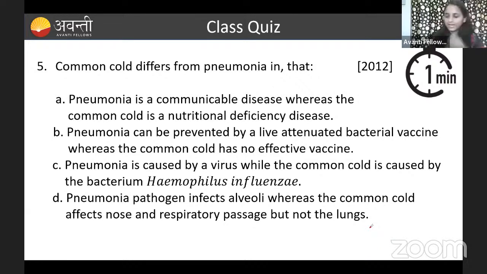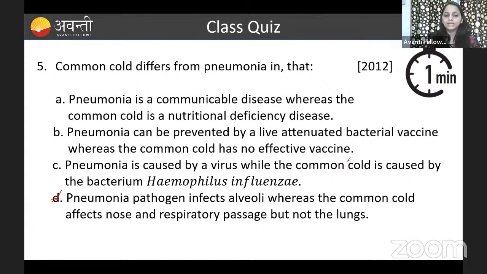Which is the correct answer, guys? The correct answer is option D, right? Let us explain this question. We all know that pneumonia, like with the coronavirus, if the person is affected by the coronavirus, he gets pneumonia, right? So it mainly affects the lungs, with accumulation of fluid in the lungs.